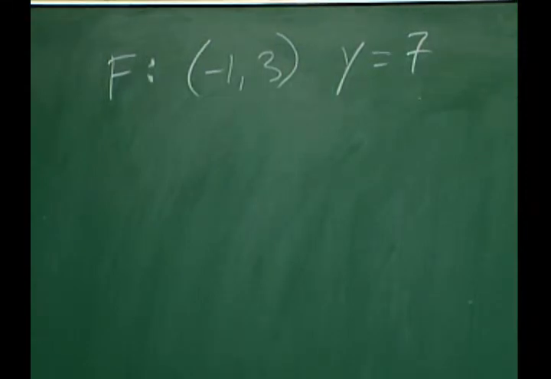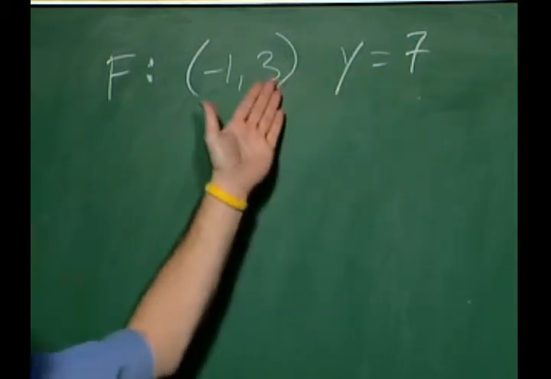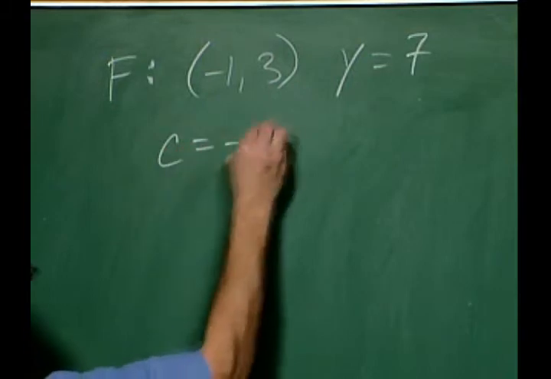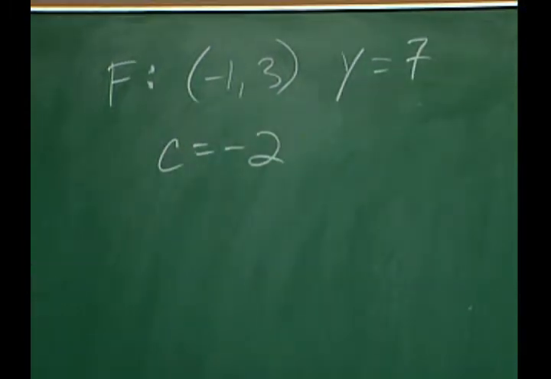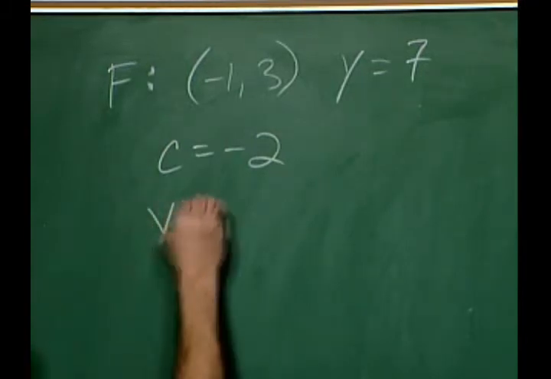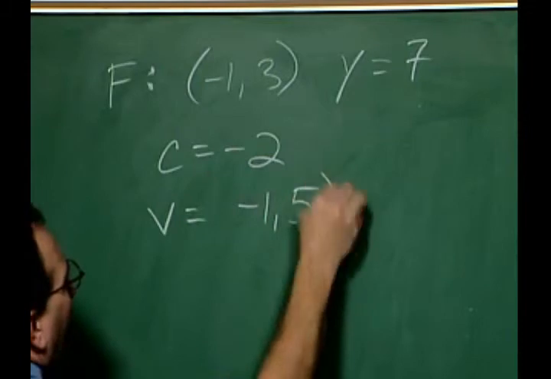The distance between the focus and the directrix, 7 minus 3, is 4, so that means that c is equal to −2. That gives us a vertex which will equal (−1, 5).